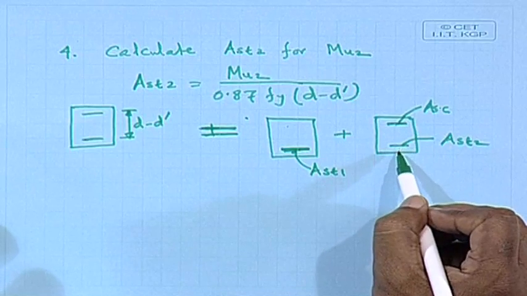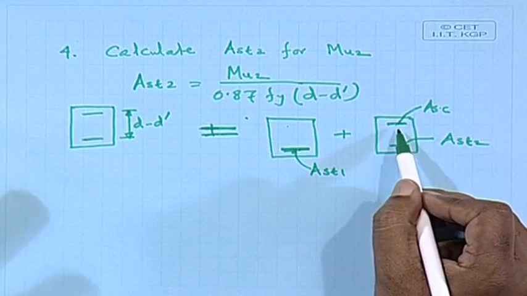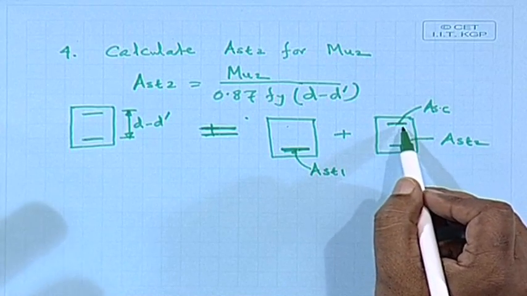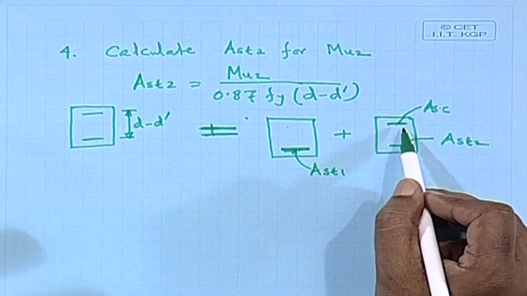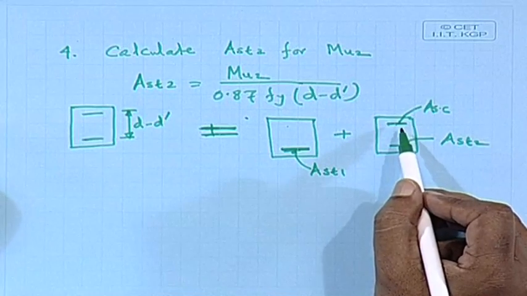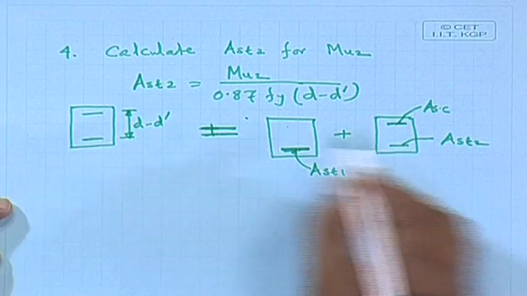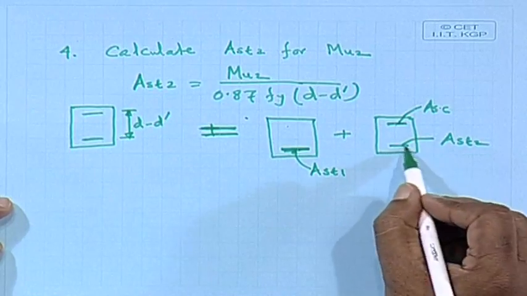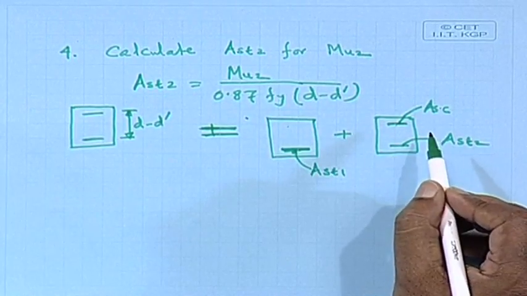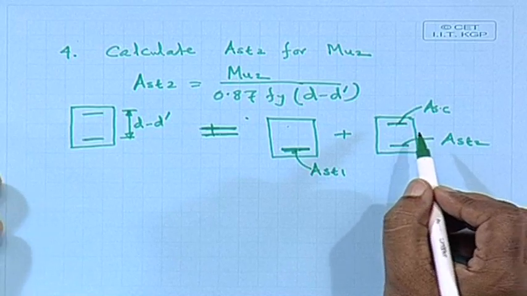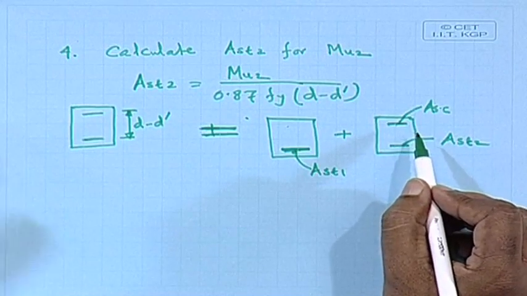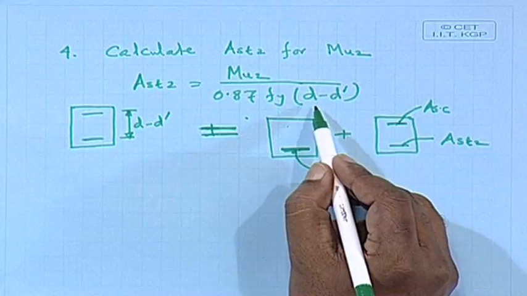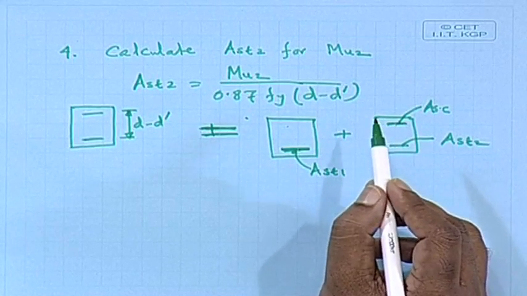The reinforcement area will be different because of your stress level, but forces are equal, and this is your AST2. So, that is why AST2 equal to Mu2, the remaining moment of resistance, divided by 0.87 Fy d minus d dash.